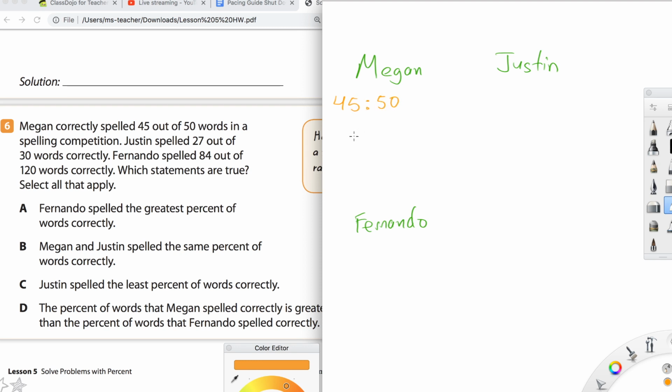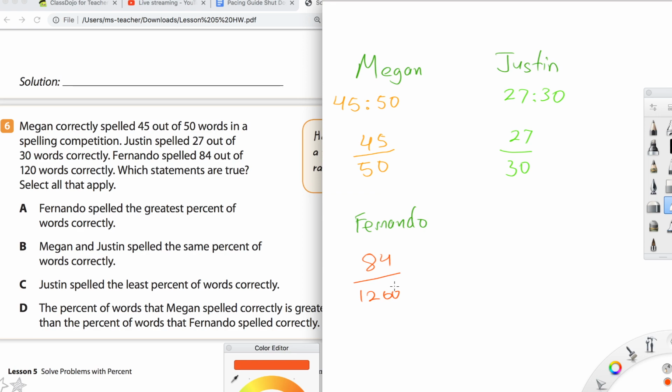Whenever we talk about words or shots or things like this, we can write them as a fraction, 45 to 50. Justin, 27 out of 30. Fernando, 84 out of 120.